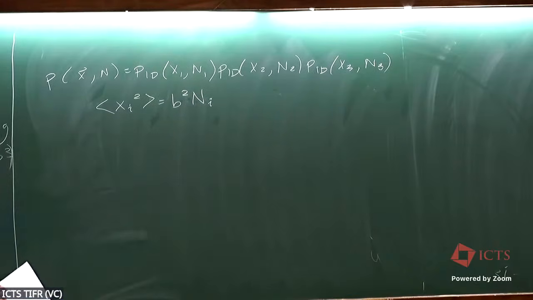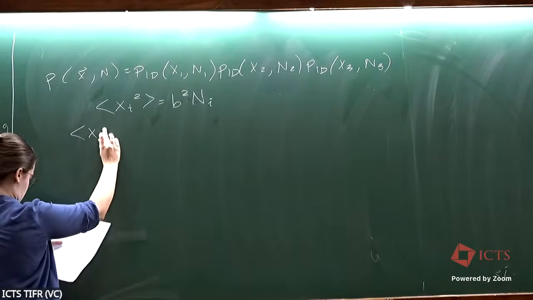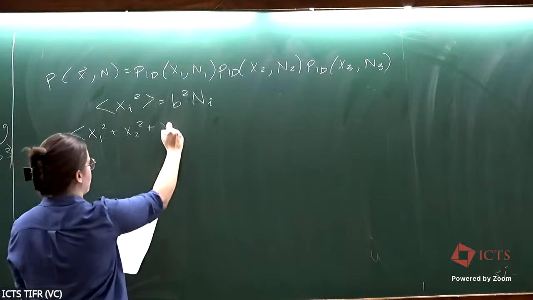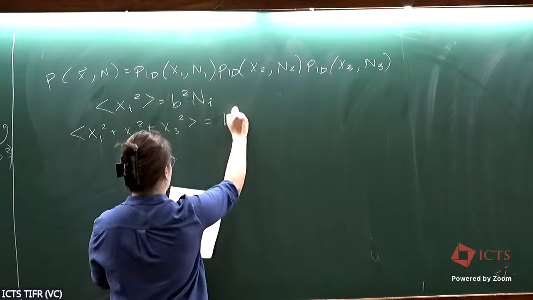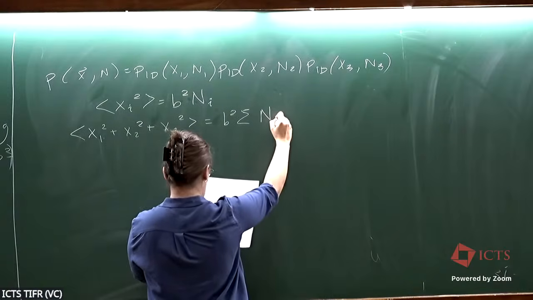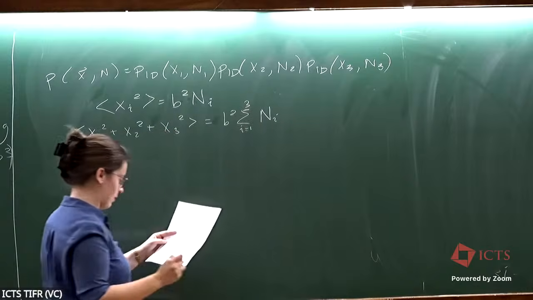This is exactly true. And of course, the sum of x1 squared plus x2 squared plus x3 squared would then be b squared times the sum of ni, 1 to 3.